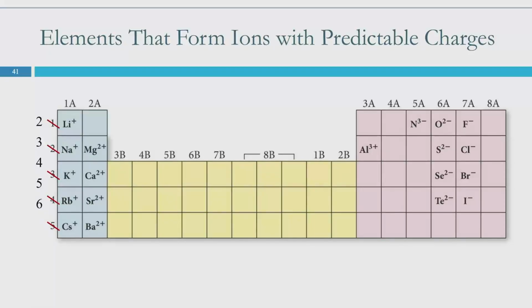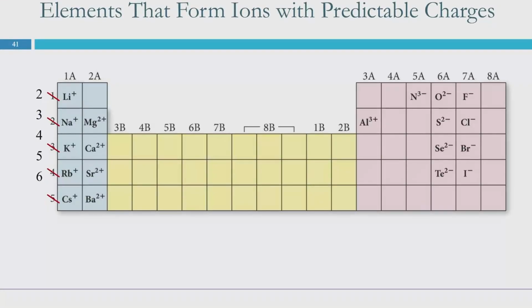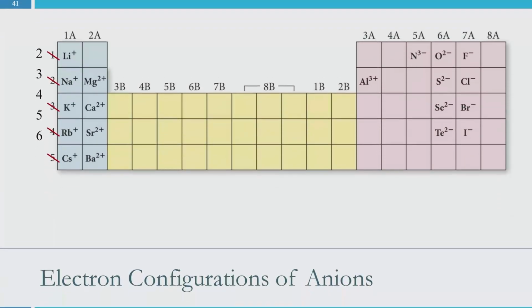So that's the reason that we can just memorize a lot of those. Basically just memorize 5 or 6 things, and that unlocks half of the elements that we have to memorize ions for.